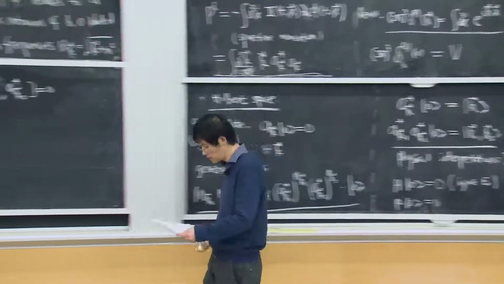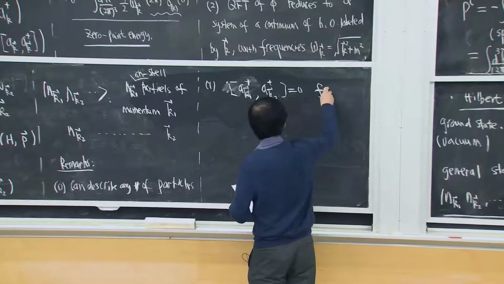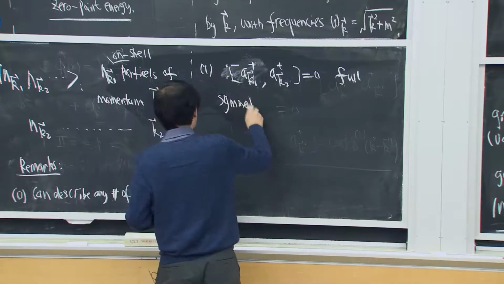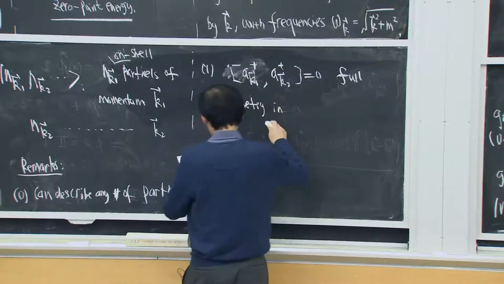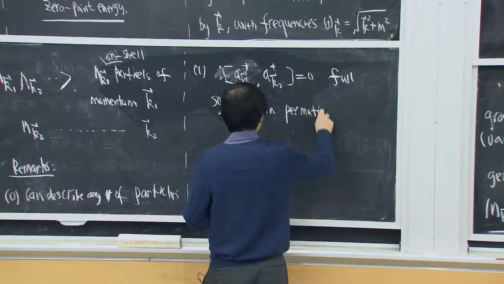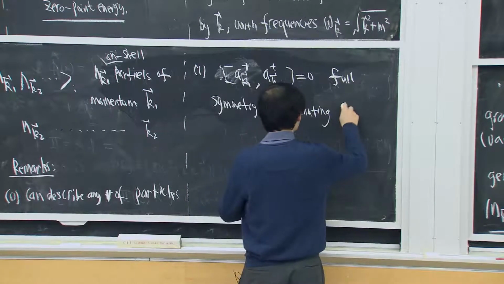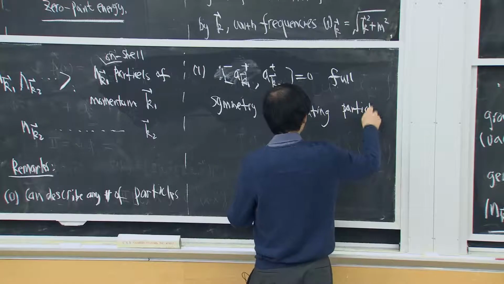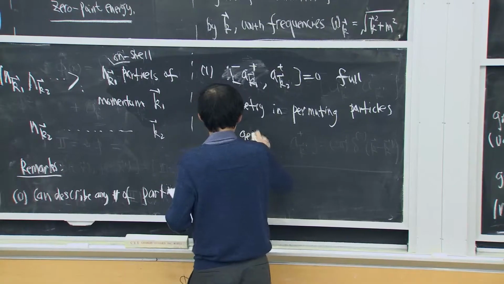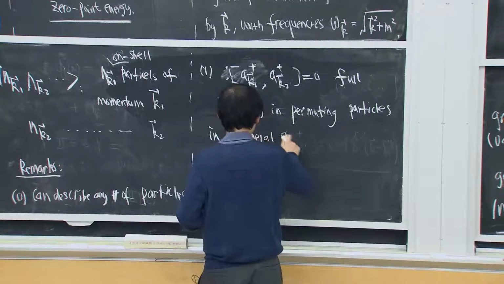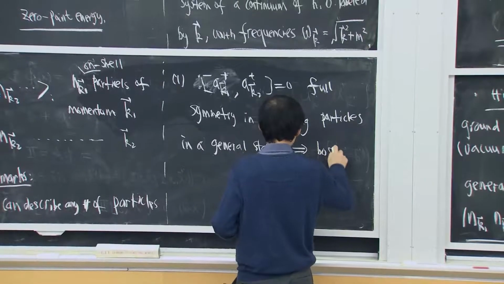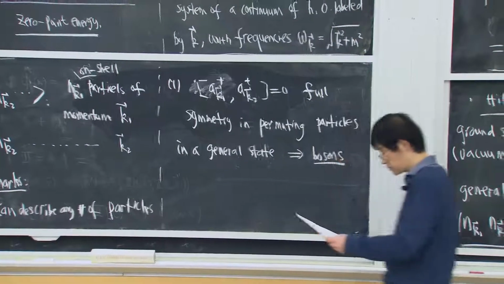That means there's full symmetry in commuting all these different particles in the general state. So this tells us these are bosons.